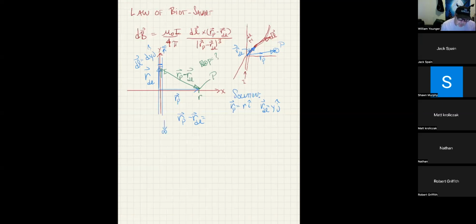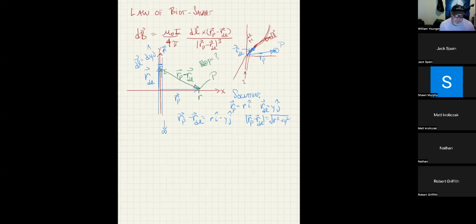So RP minus RDL is clearly R I hat minus Y j hat. And I think you can see that the magnitude of RP minus RDL. Anybody want to take a poke at that? R squared plus Y squared square root. Yeah, square root of R squared plus Y squared.